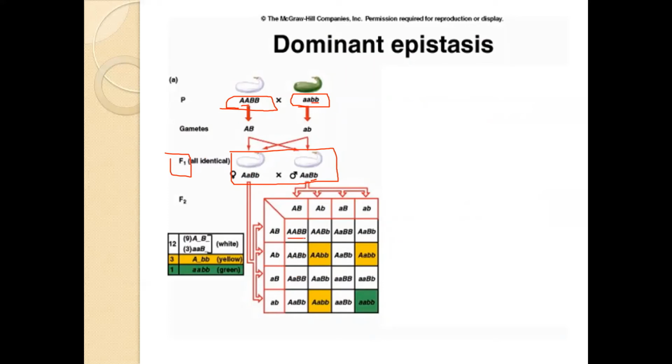In this particular panel, A is dominant and here also B is dominant, so whenever B is dominant, they are able to produce a white phenotype. But when B is not dominant, B is recessive, they are producing a yellow phenotype. And when both A and B are recessive, they are producing a green phenotype. So we are getting a ratio of 12:3:1.